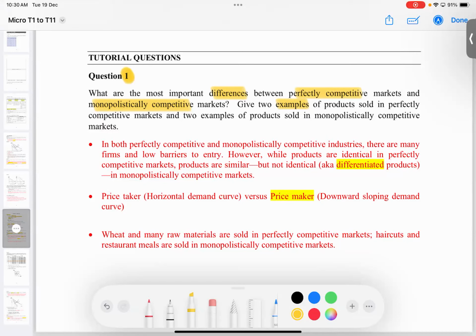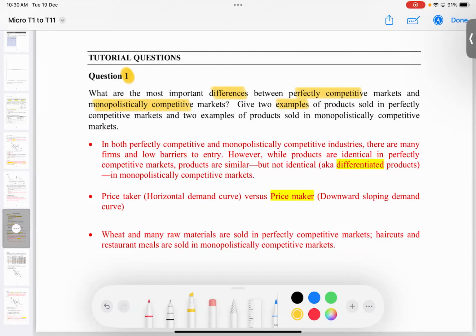For example, they might ask you why is it that one is a price taker and the other one is a price maker. Remember, perfect competition is a price taker and monopolistic competition that you just learned is a price maker. So they might ask you why they are different. Or they can ask why the demand curves for perfect competition and monopolistic competition are different.